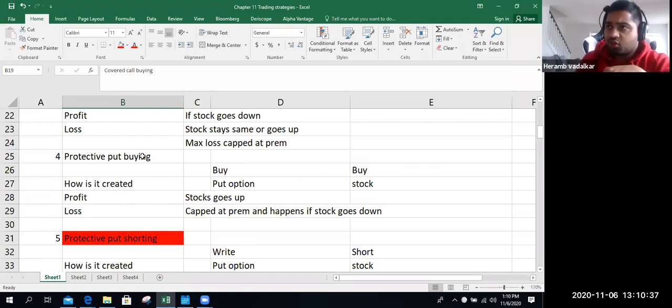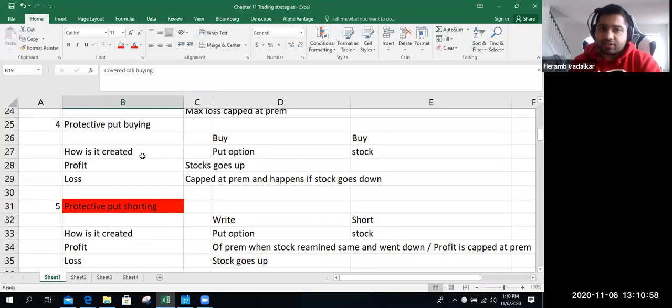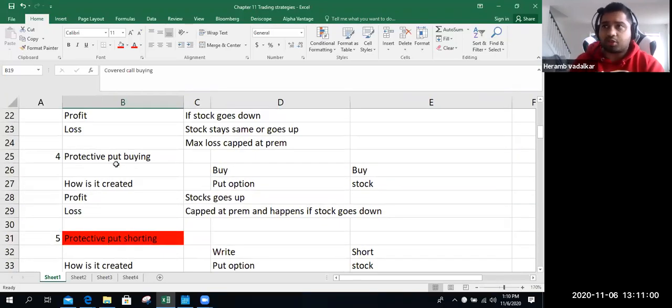Same way, you can do a protective put. How can you do a protective put? Let's say I've made a lot of money in Tesla. Tesla went up from $100 to $420 in the last 1 year. So I made a lot of money in Tesla. I don't want to sell Tesla, but I'm afraid of Tesla going down. So then I can do a protective put buy.